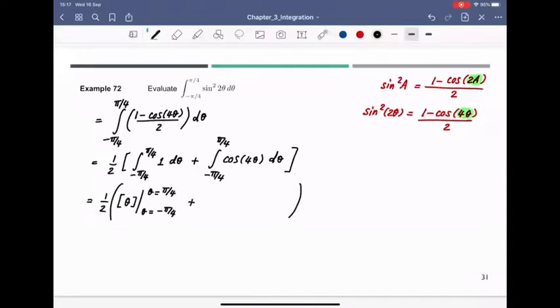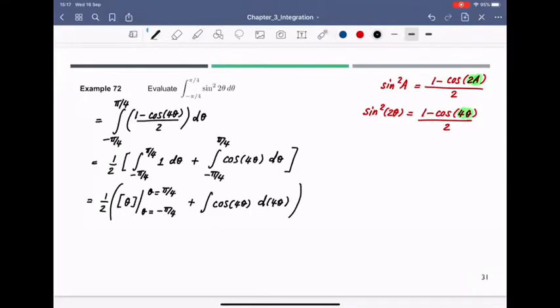Let's look at the second term here. How do I deal with integrating cosine 4 theta d theta? I'm going to do it quickly, so let's see if you can follow me. I'm going to switch d theta to d of 4 theta.